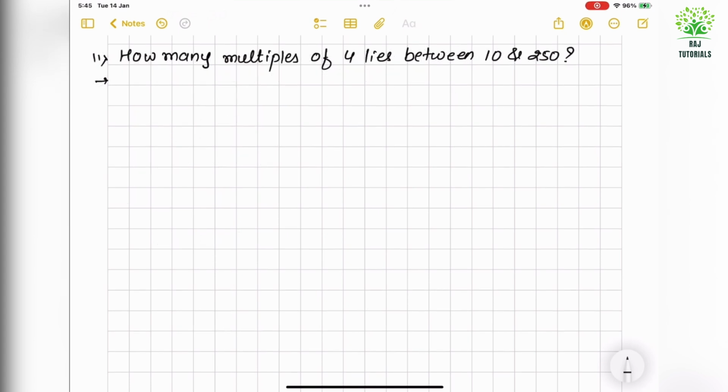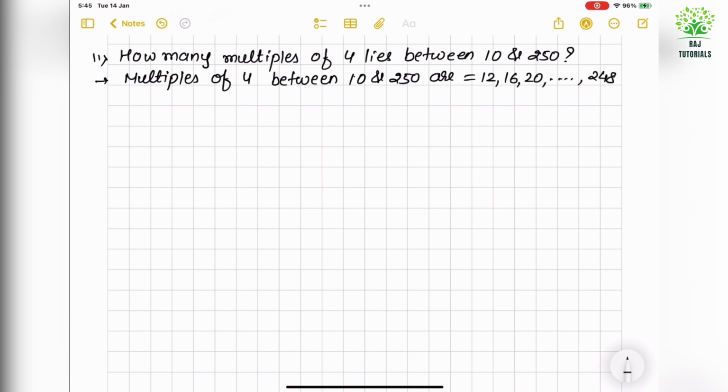How many multiples of 4 lie between 10 and 250? The multiples of 4 between 10 and 250: the first multiple will be 12, then 16, then 20, and so on till 248. Again, I will be using the same formula. Here a is 12, d will be 4. So an equals a plus n minus 1 d.